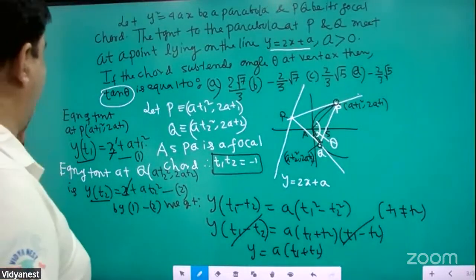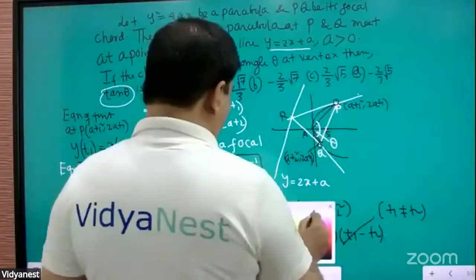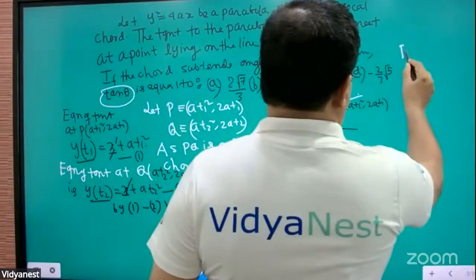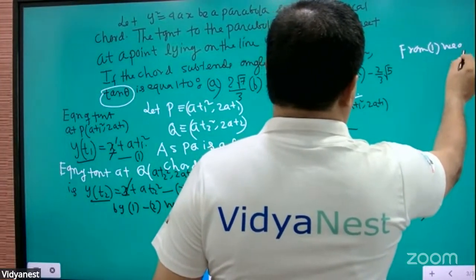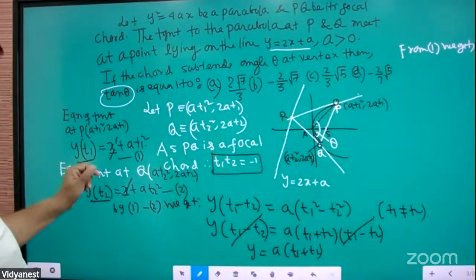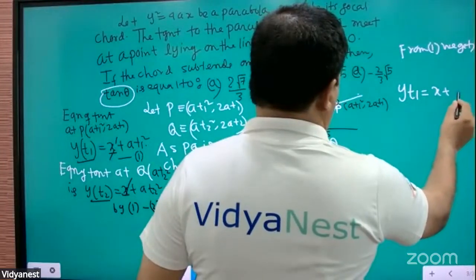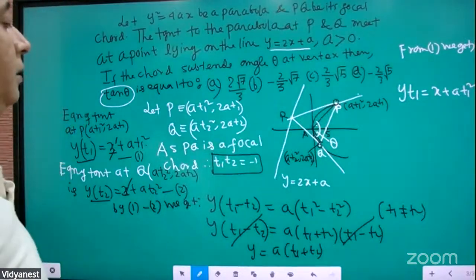Now that y you can put in either equation 1 or equation 2. So let us put in equation 1. From 1 we get y t1 is equal to x plus a t1 square.